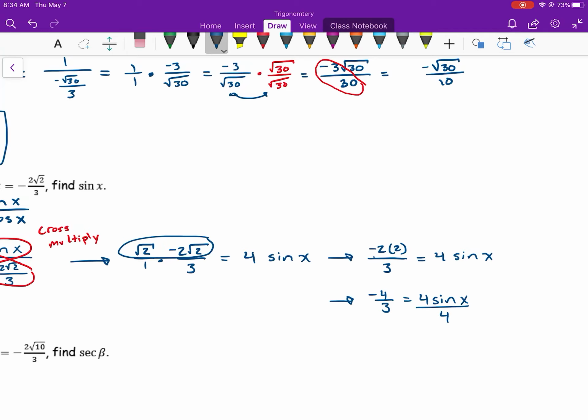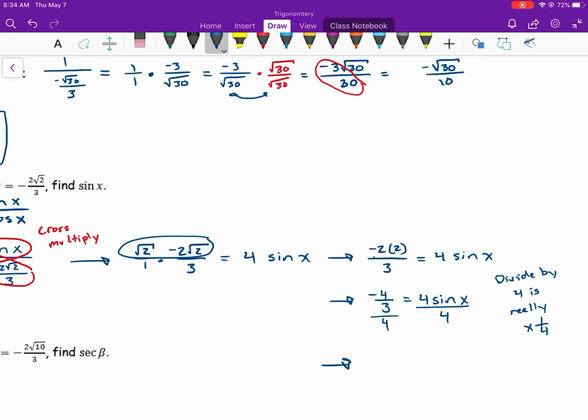Divide by 4. Okay, so when I divide by 4, I'm really multiplying by 1/4, the reciprocal.